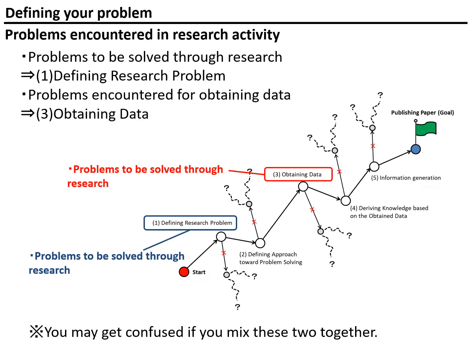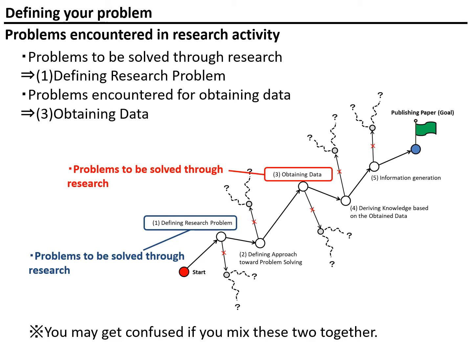Okay, here I'm going to talk about defining your problem. So I just want to think about where you tend to encounter problems in your research activity. I do believe that problems which you encounter in your research activity may be in two situations.